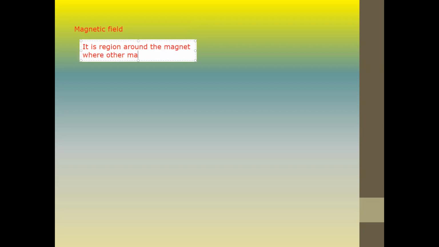How do we define a magnetic field? It is the region around the magnet where other magnetic materials experience force.